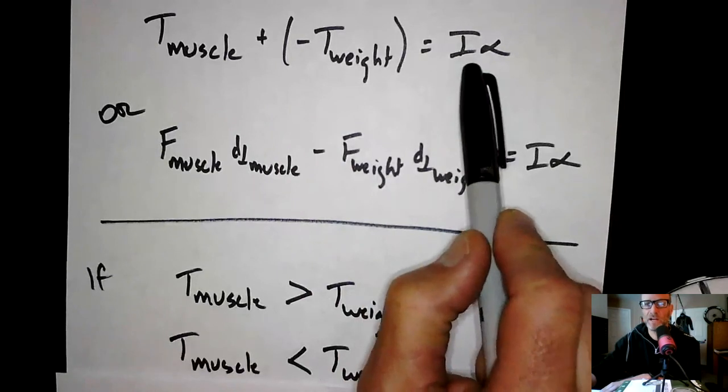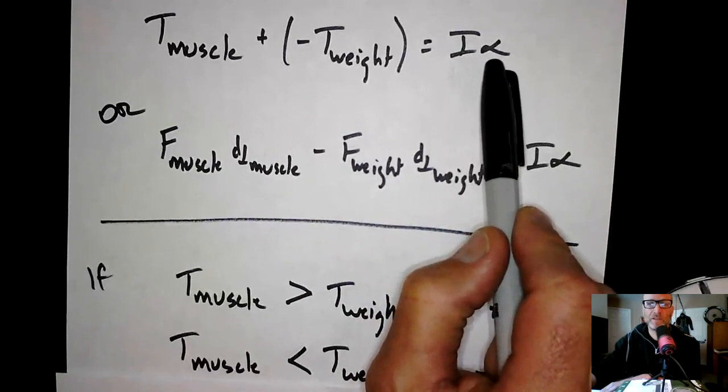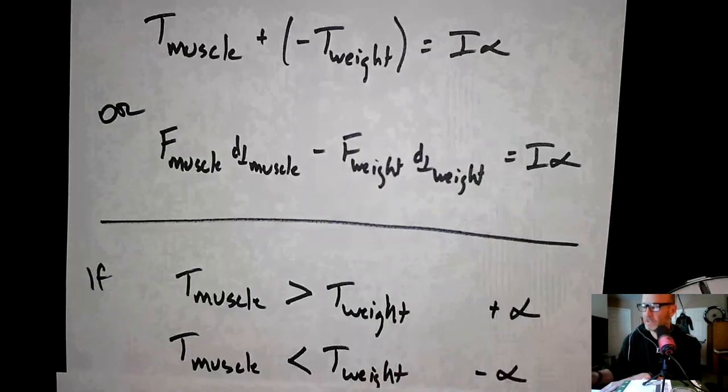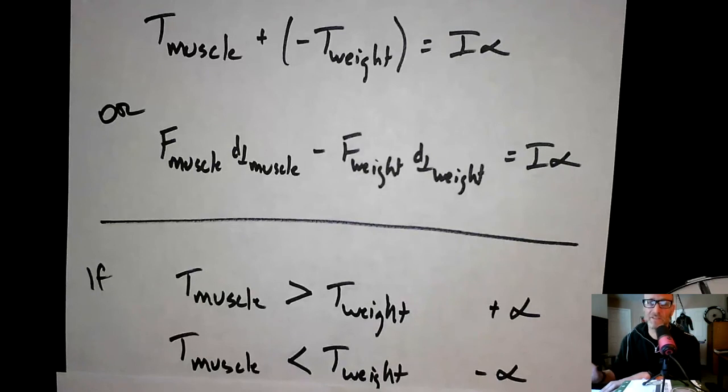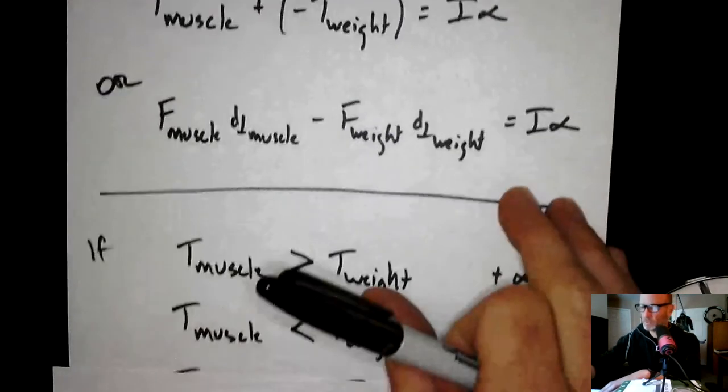Therefore, since I is always positive, angular acceleration has to be negative. Again, it doesn't tell us which way rotation is happening. All it tells us is the rate of change of angular velocity is going to be negative, which tells us, going back to angular kinematic graphing, that the slope of the angular velocity versus time plot is going to be negative.